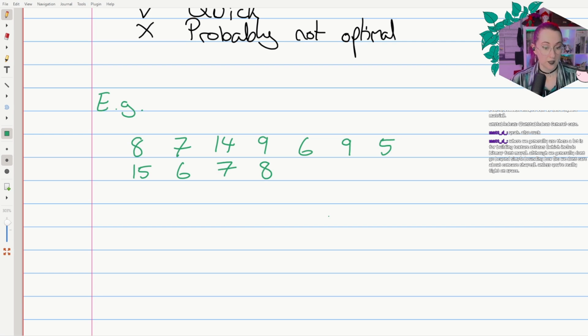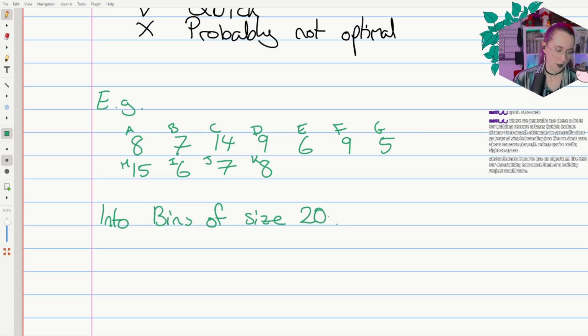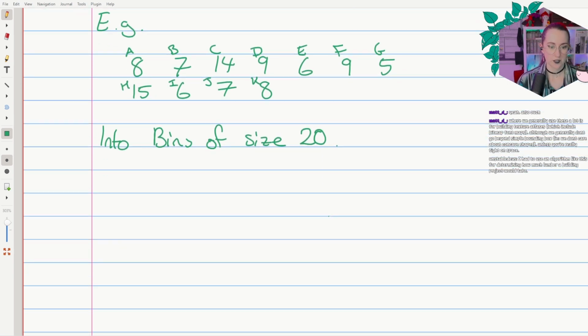These are actually labeled A, B, C, D, E, F, G, H, I, J, and K. So we have elements that have a size, some number attached to them, going into bins of size 20. So the way that first fit works is we start with element A.